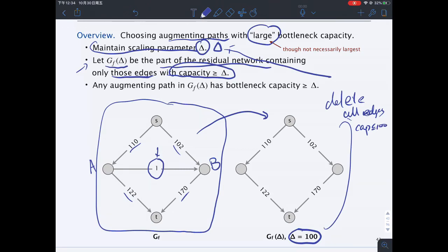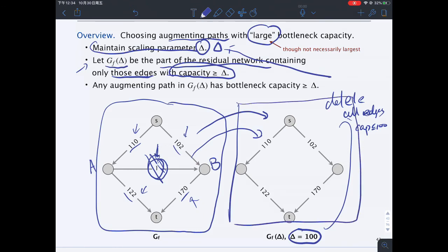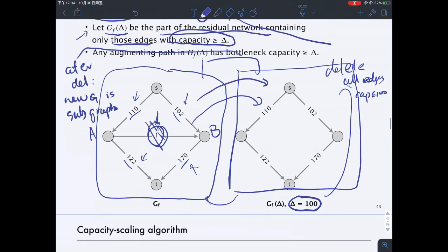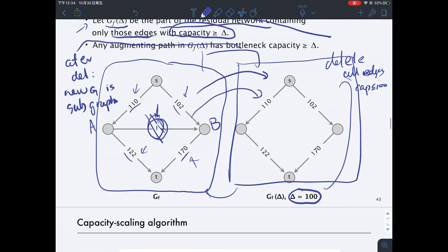We examine all these five edges, and there's only one edge whose capacity is less than 100, so we delete that. We come up with a subgraph of the original one. The relationship between these two graphs is that after the deletion, the new graph is a subgraph of the original one.